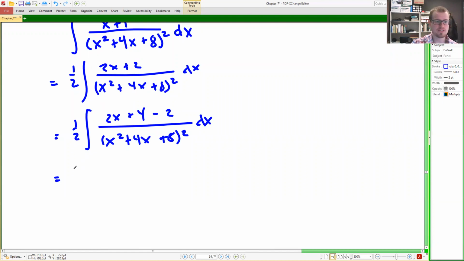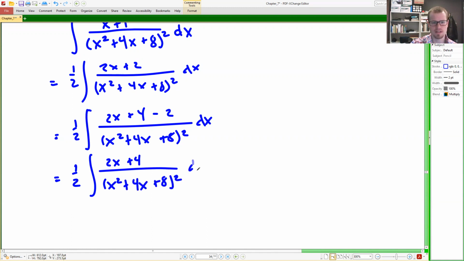So I'm going to split the integral up. I've got 1/2 times the integral of 2x plus 4 divided by x squared plus 4x plus 8, being squared, dx. And that looks fantastic because now the numerator is the derivative of this quadratic. But I have this minus 2 in the numerator.